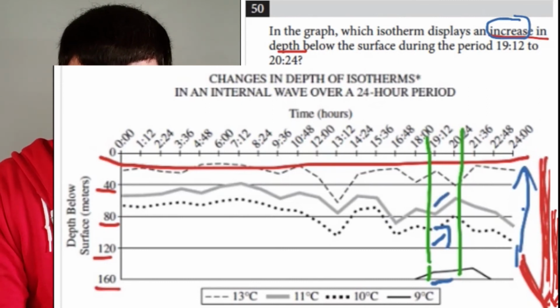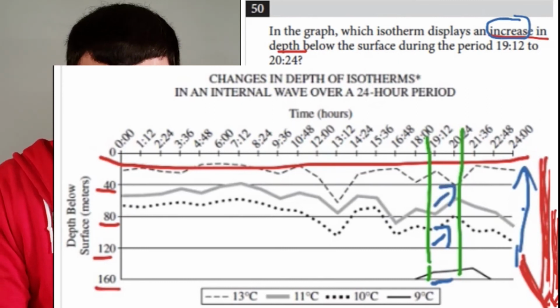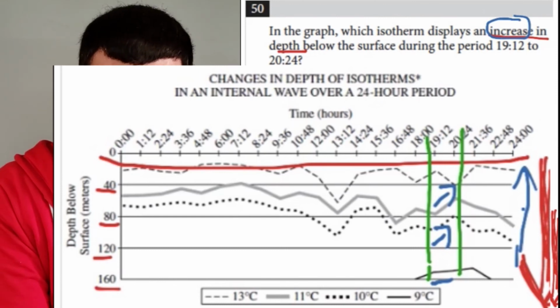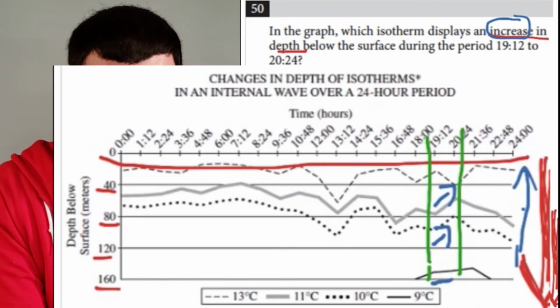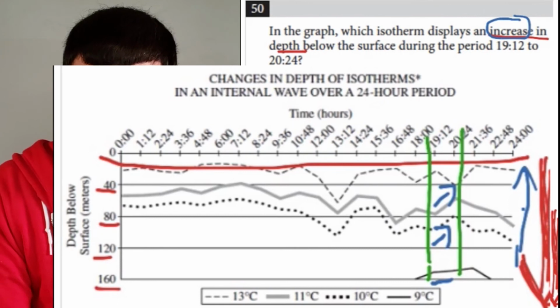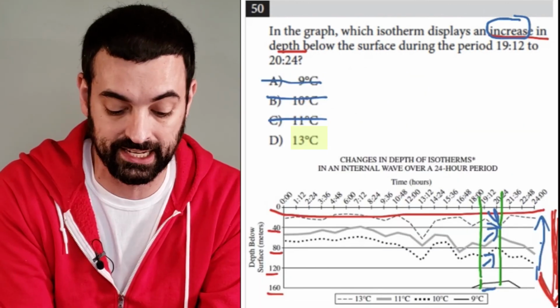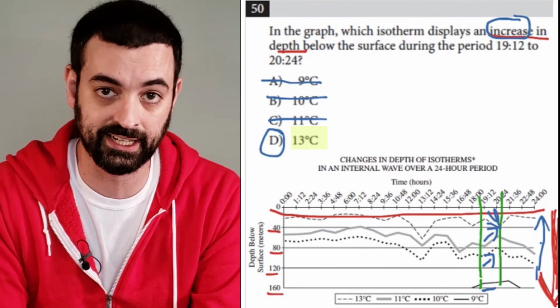That is also traveling up. We don't want up, we want down. C is out. D is 13 degrees centigrade, and it is traveling down, which means that it is increasing in depth. D is the answer. You don't need to know what an isotherm is. You just need to go to the graph and make sure you're answering the question that they're asking.